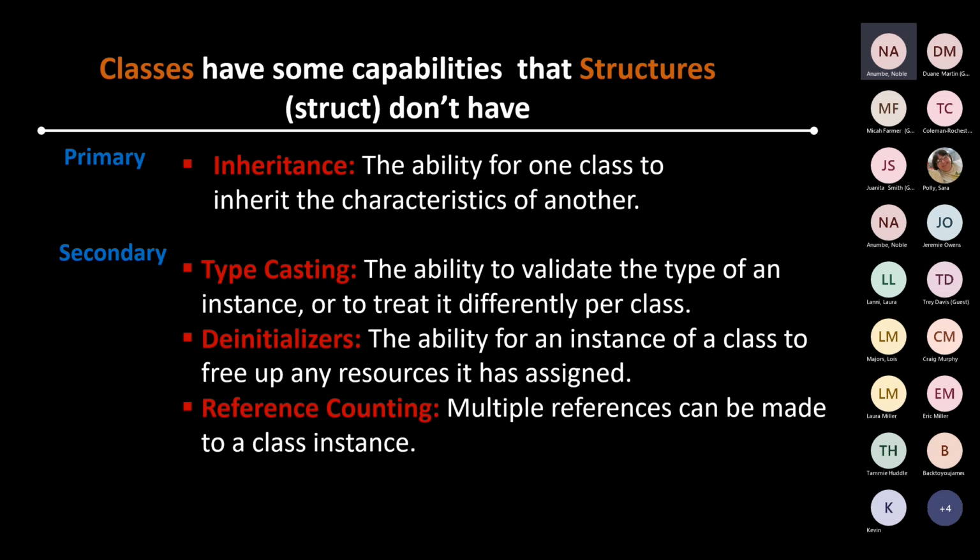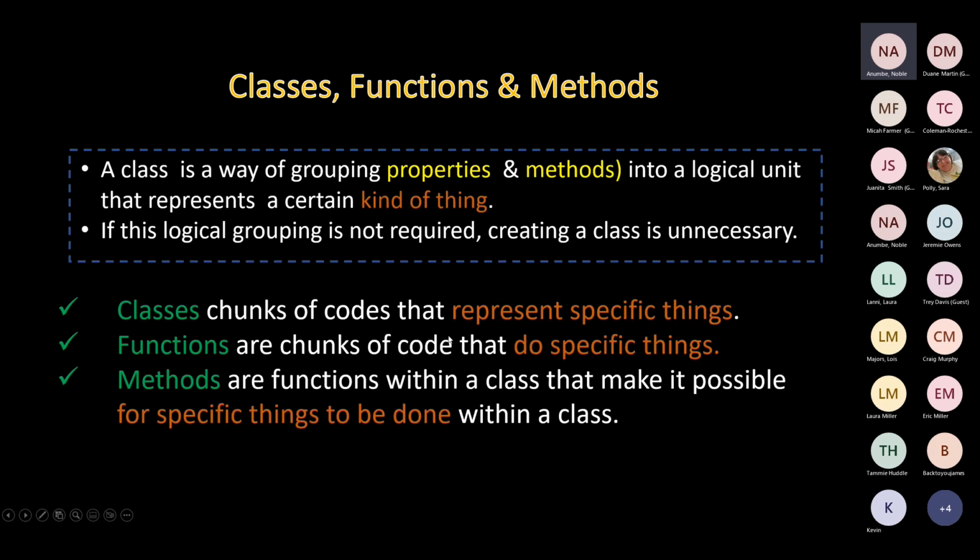So I'm not going to dabble into this. And then you have other things like typecasting, deinitializers, and reference counting. I'm not going to dwell on those, but if you're interested, you could go look for materials and read up on those differences. But for the purposes of this class, those distinctions are not germane.